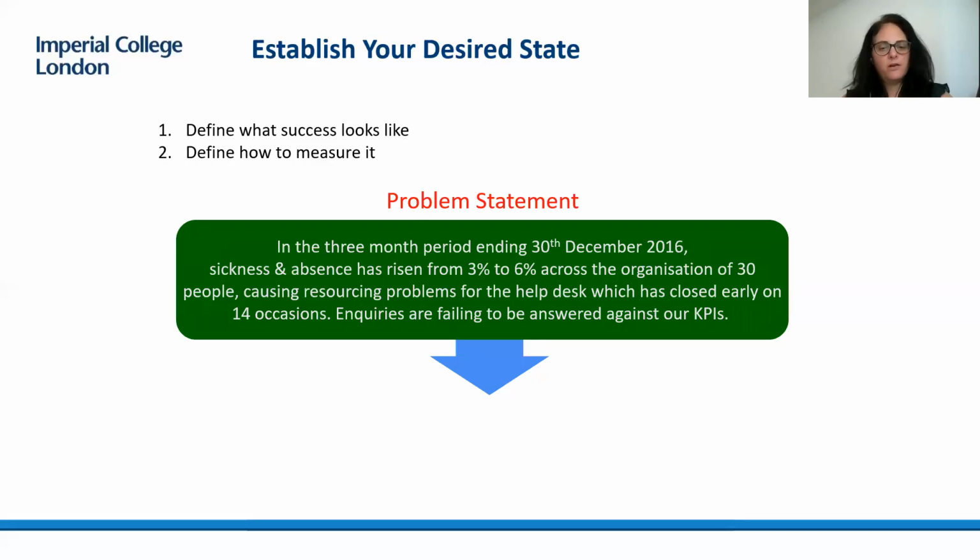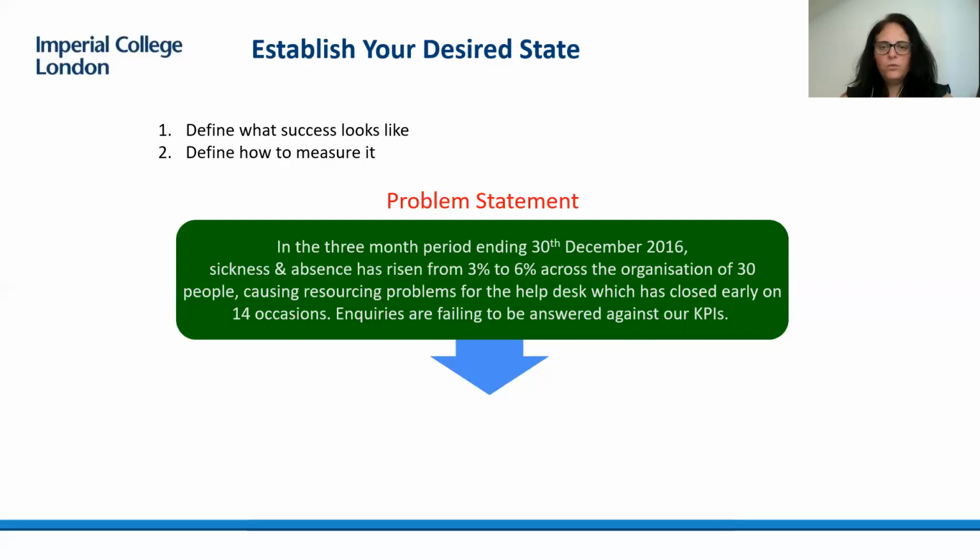In the 3-month period ending 30th of December 2016, sickness and absence has risen from 3 to 6% across the organization of 30 people, causing resourcing problems for the help desk, which has closed early on 14 occasions. Inquiries are failing to be answered against our KPIs. That is the problem that we're addressing.